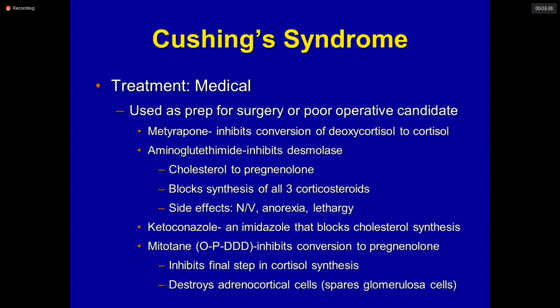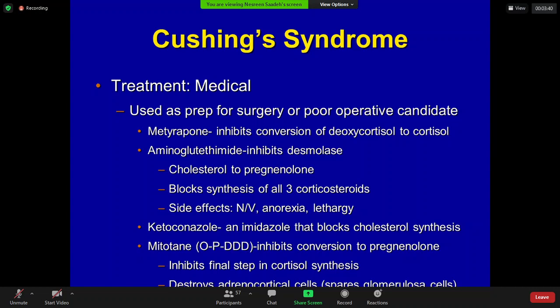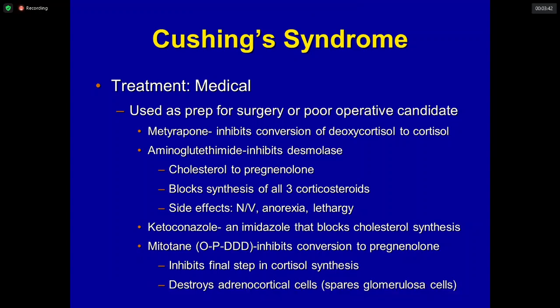Now, when all of this is not working and we still have high amounts of cortisol, there are some medications which affect the synthesis of steroids. If you remember the synthesis of cortisol, usually it starts with cholesterol and there will be multiple mechanisms involving many enzymes whereby the cholesterol is converted into pregnenolone and then by different enzymes ultimately to cortisol or to androgens or aldosterone.